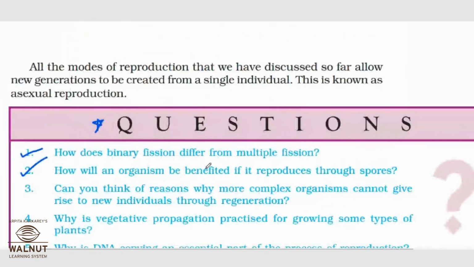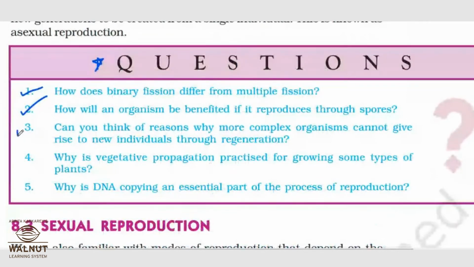Then the third question. Can you think of reasons why more complex organisms cannot give rise to new individuals through regeneration?